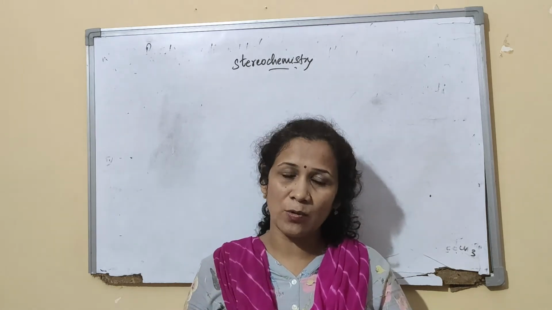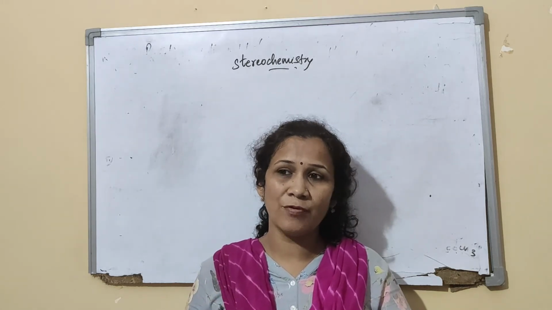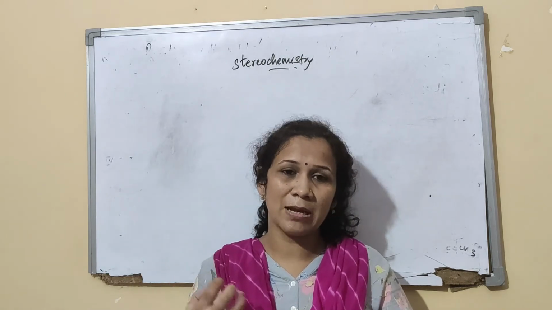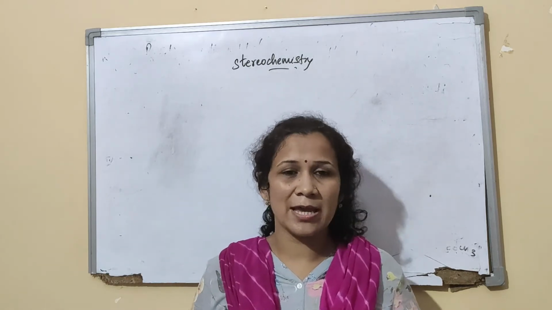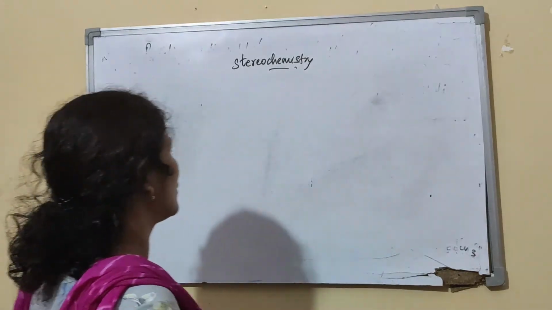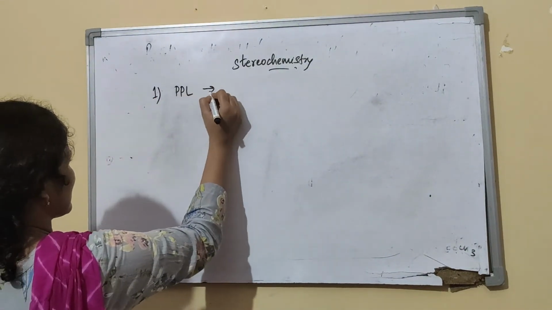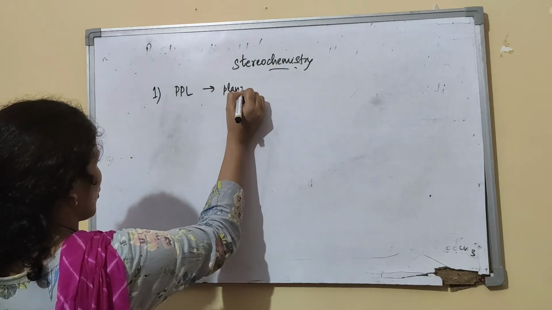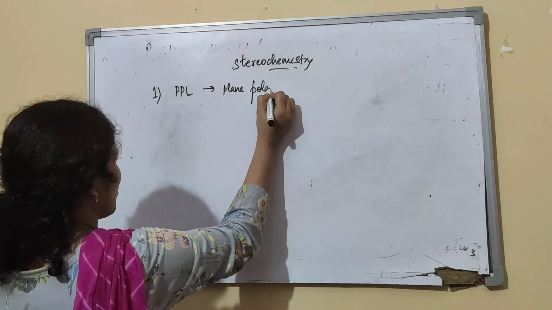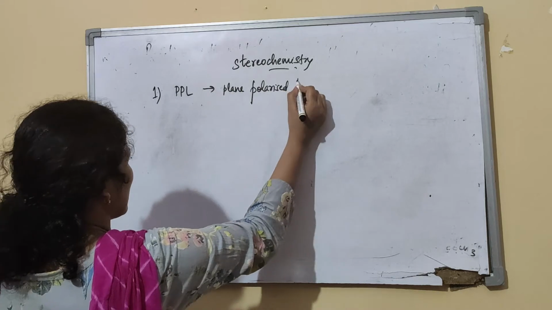That we can only know when we take the help of some radiations or some light. In this case, the light we'll be using is known as PPL, plane polarized light.